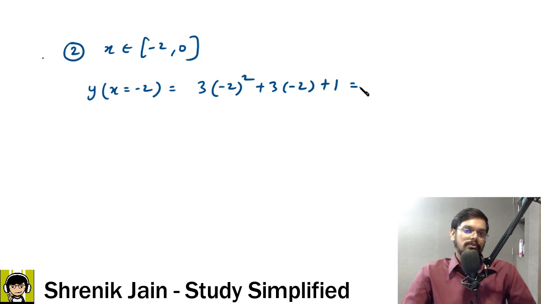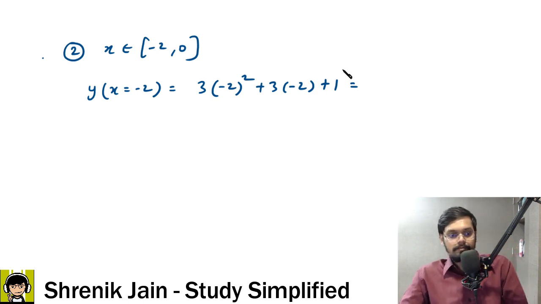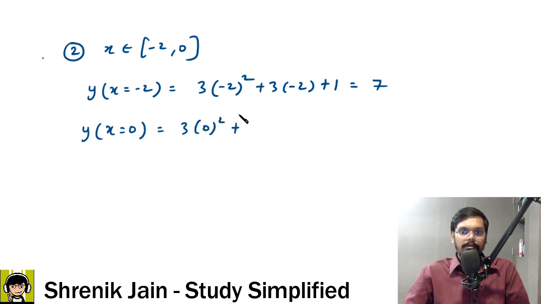Anybody in the comment section? 12 minus 6 plus 1, 13 minus 6, 7. Sir, what about the corner point 0? When x is 0, then 3 times 0 square plus 3 times 0 plus 1, the answer is 1.